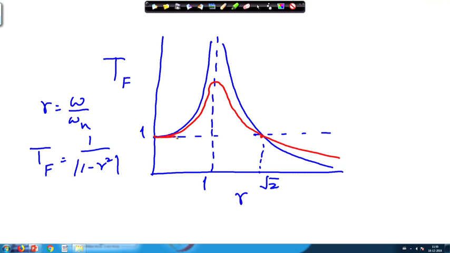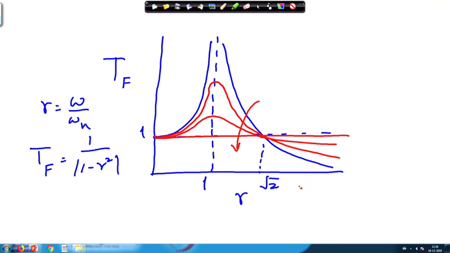If the damping is higher, then something like this will happen. So, if damping is increased, we see two things: the transmissibility decreases at resonance, whereas at high frequency excitation the transmissibility increases.